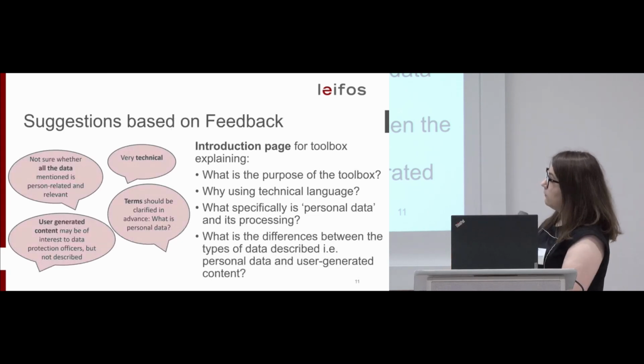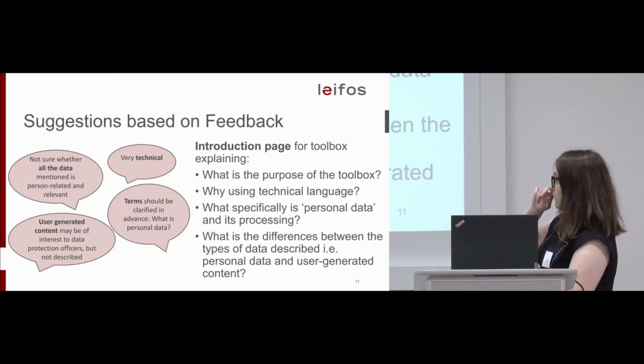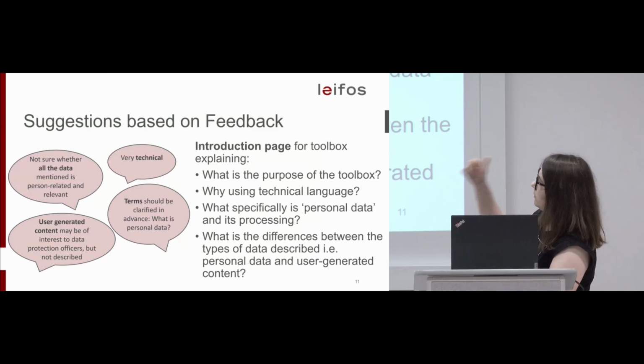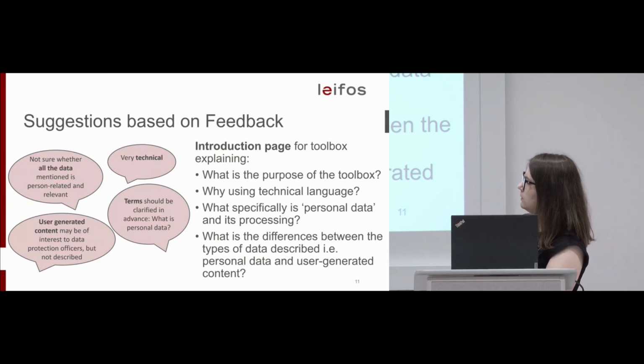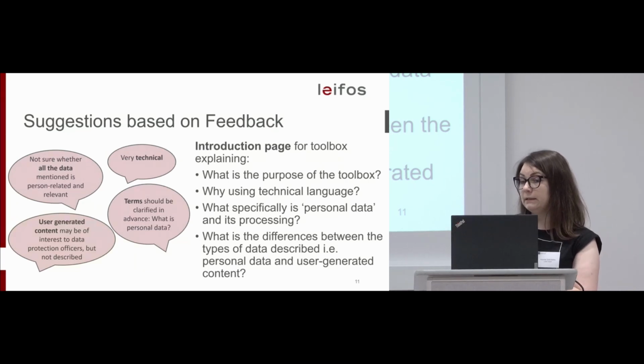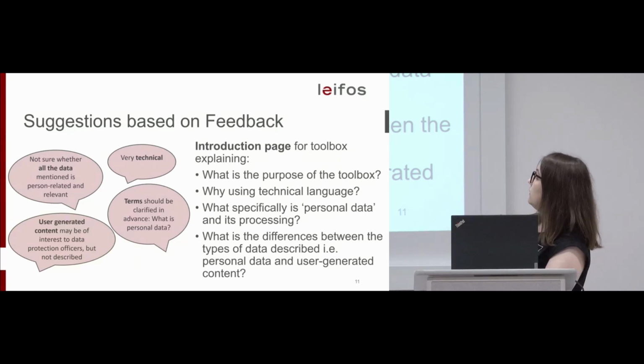So these four bubbles with feedback: things like very technical language, terms, user-generated content, and person-related content. These four points could be addressed really easily by adding an introduction page to the toolbox.